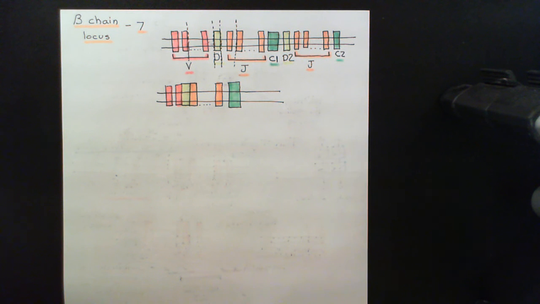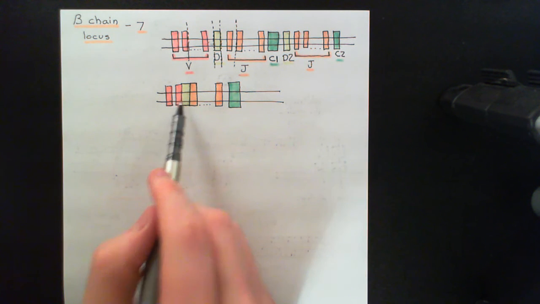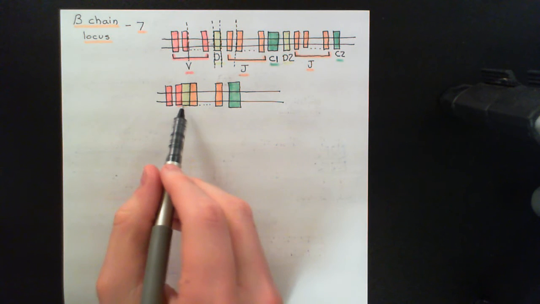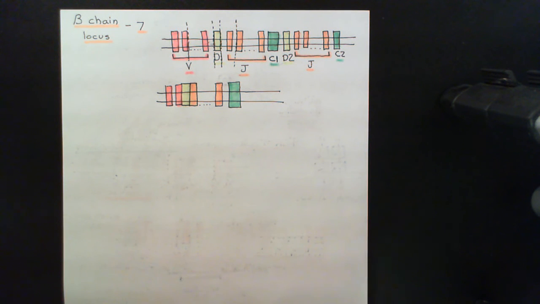There were different places that you could have performed the cuts, and that means that in between the variable gene segment and the diversity gene segment, and in between the diversity and joining gene segment, there is a variable amount of DNA. There are different possibilities for how much DNA you can have in there, and that will also help to produce us diversity in this portion that's now going to code for the variable portion of our beta chain.